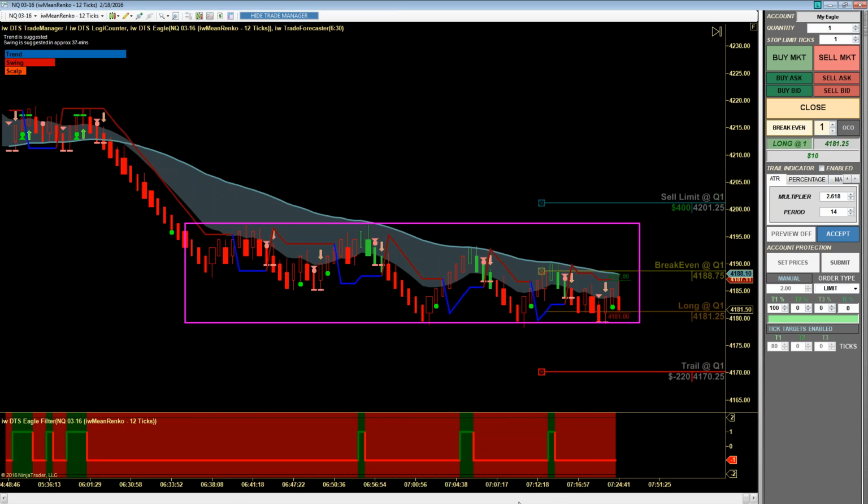All right, so let's see whether or not we get another bounce. The sellers are pressing a little bit. You see how we're making lower highs. I heard a trader once say regarding trend, and I thought this was so true: if you don't know if you're in an uptrend or a downtrend, you're in a trading range.